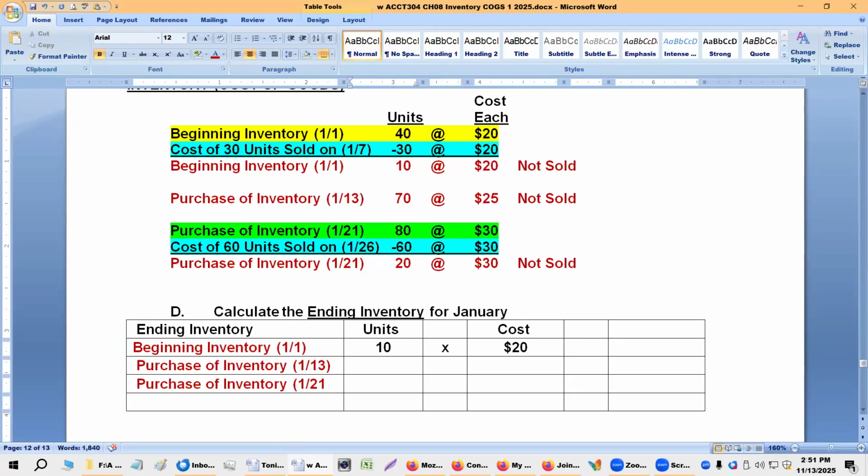We have 70 at $25. And we still have 20 left at $30.